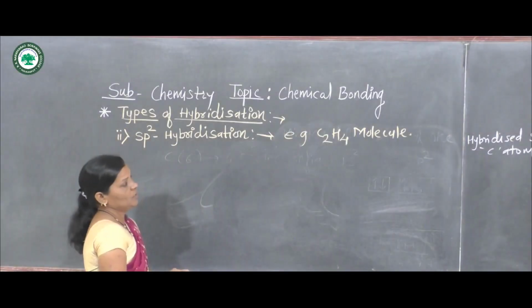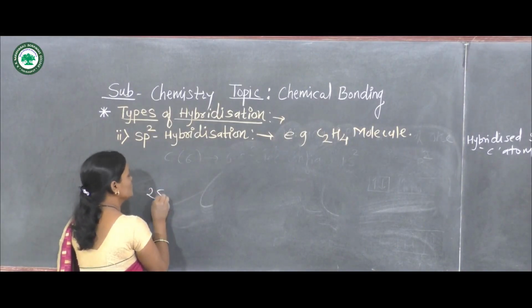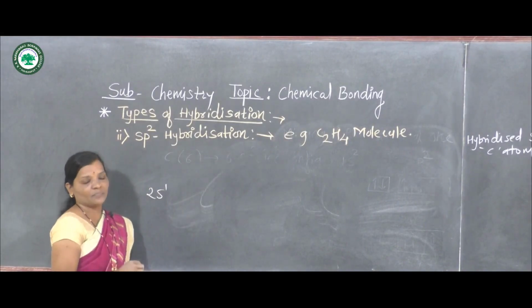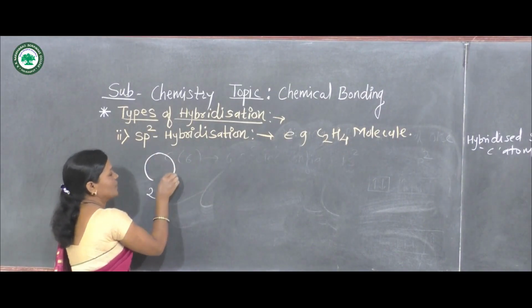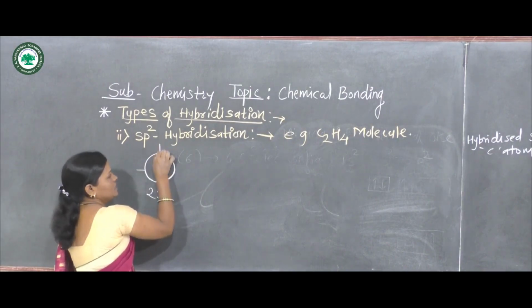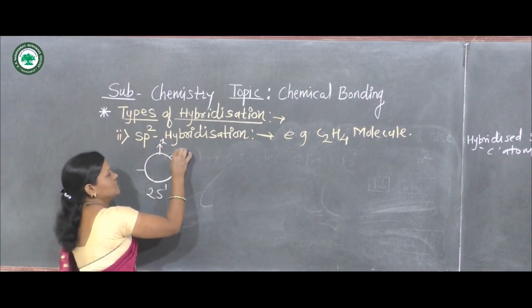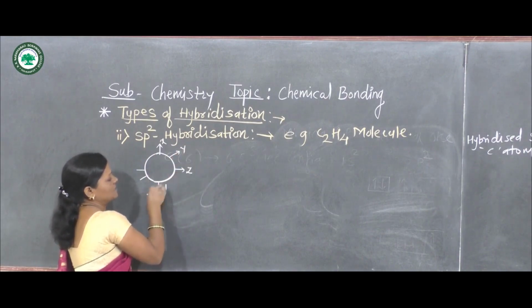Now here the 2s orbital of that carbon atom undergoes mixing and recasting. We know that the shape of s orbital is spherical. Now here this one is the x-axis, this is y-axis and this is z-axis.